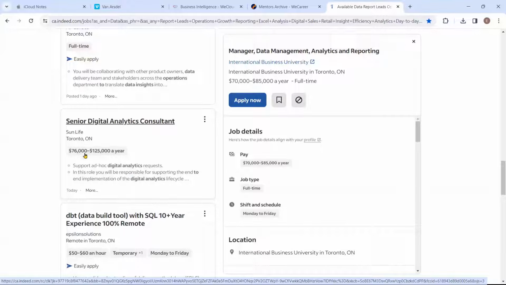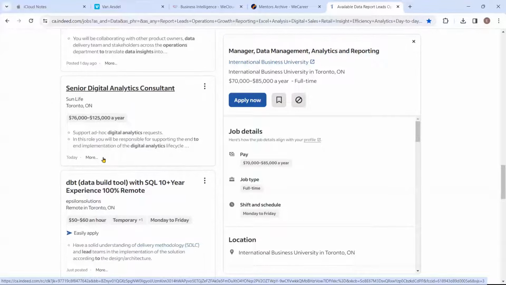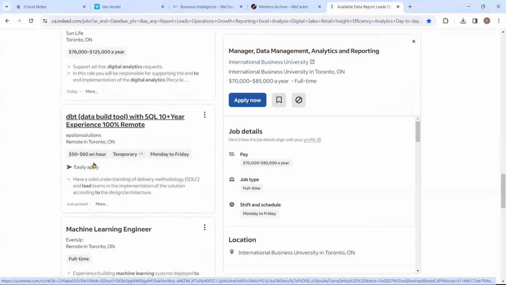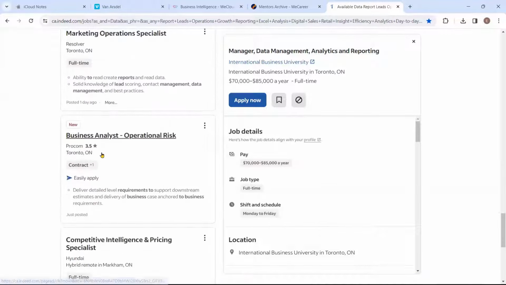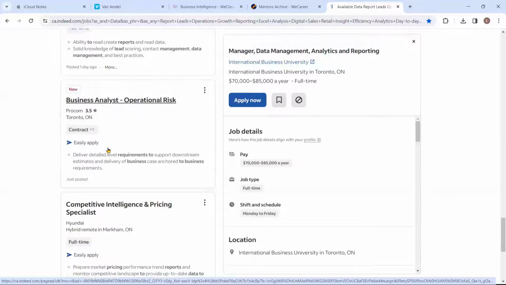By the way, if you look at the salary, it's actually not bad, right? 76 to 125. And I'm not quite familiar with this. Procom is an agency, so I'm going to skip it too.